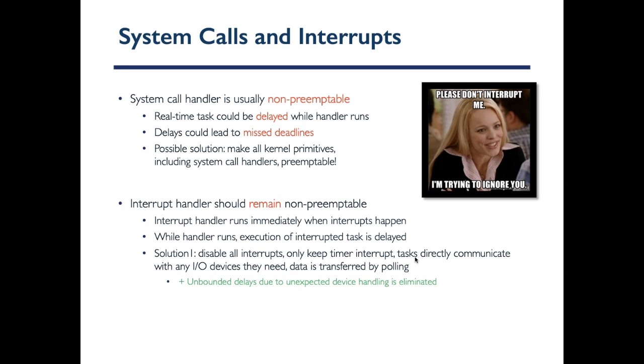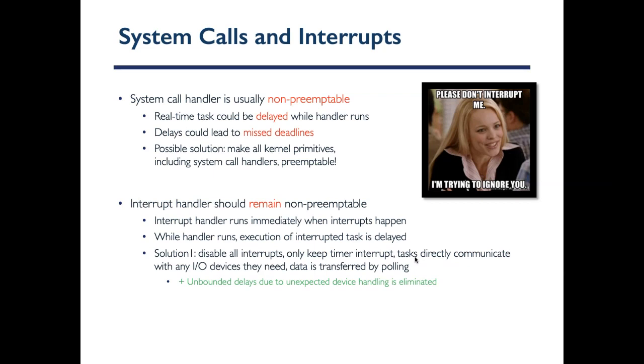Now, with interrupts, you really cannot make them preemptive. We talked about all sorts of issues that could happen if you let the interrupts happen inside each other. You might end up not dealing with the first interrupt that happened because further interrupts come and then they all preempt each other.